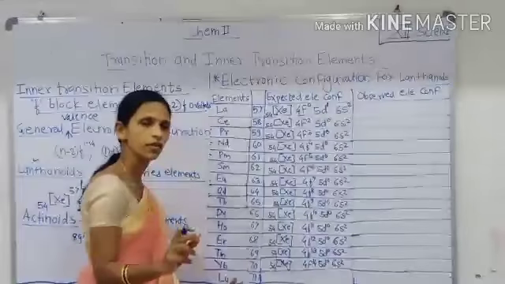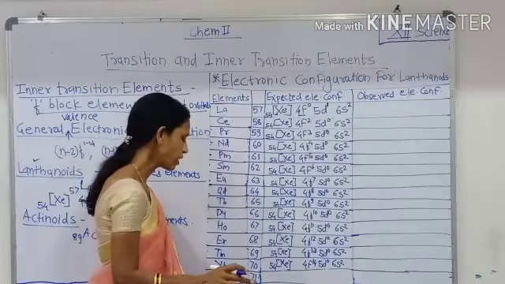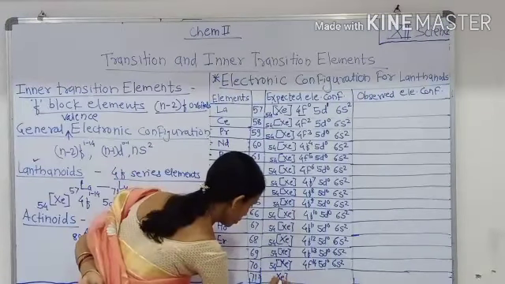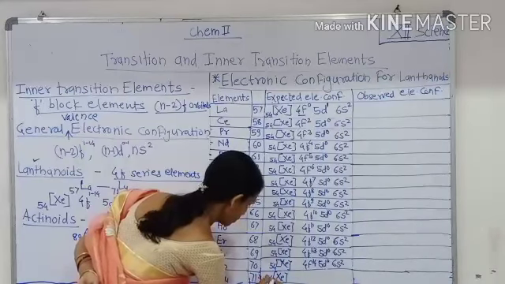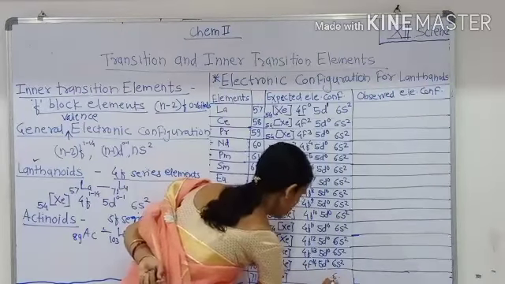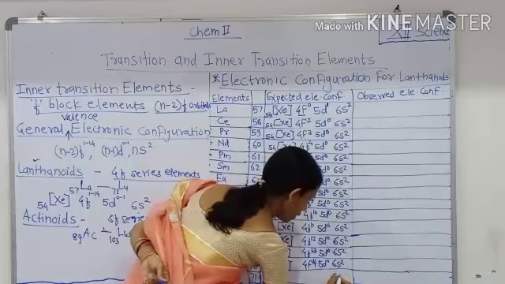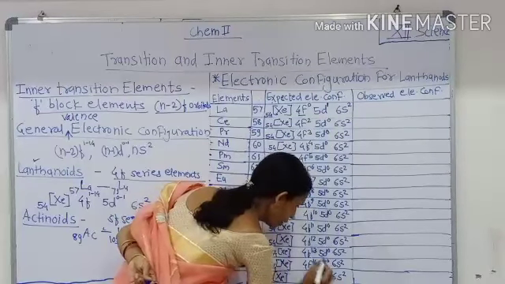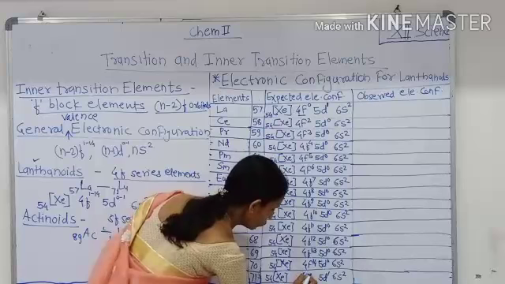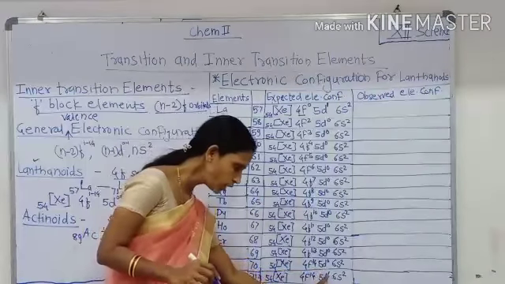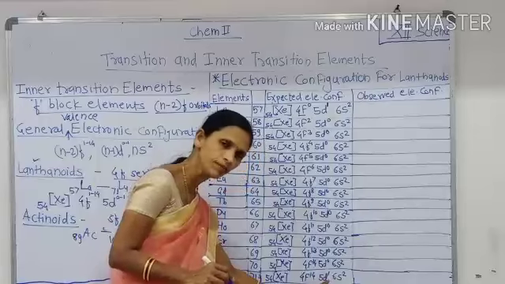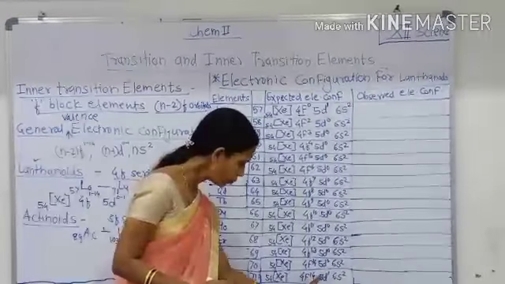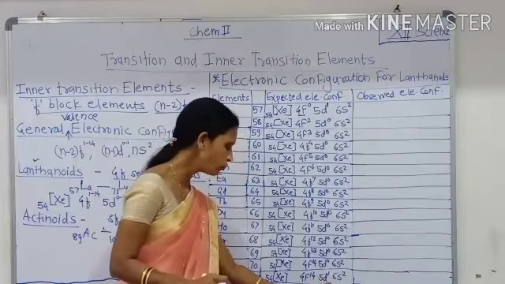For lutetium, the last element of the lanthanoids, having atomic number 71, it is xenon 54, and the remaining 17 electrons are distributed as 6s2, 5d1 and 4f14. See here, one electron enters into 5d. Why? Because the 4f orbital is completely filled.